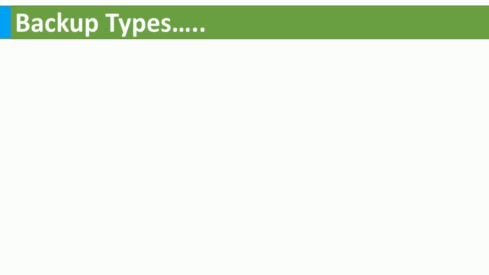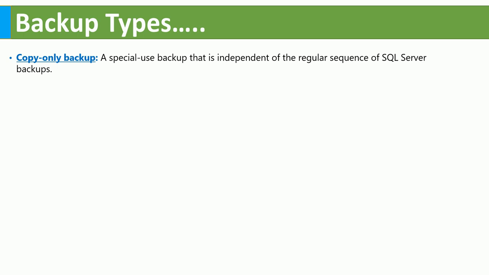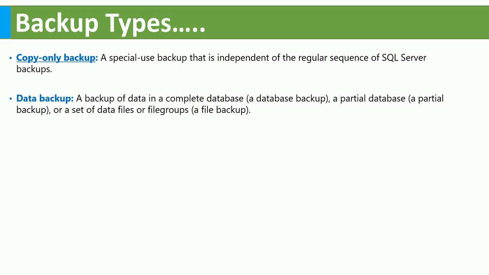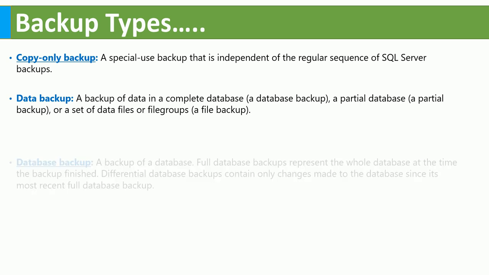Now let's understand what types of backup we have. We can take a copy-only backup, which is especially used as a backup independent of the regular sequence of SQL backups. Database backup is a backup of a complete data file, like a full database backup, a partial backup, and a set of files or filegroups backup, which come under the data backup category.